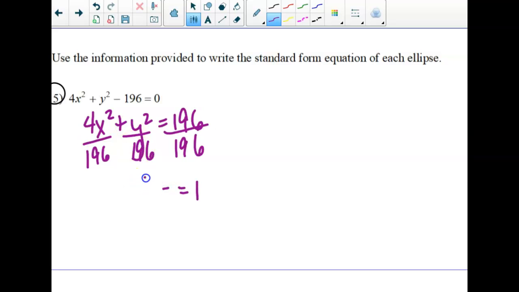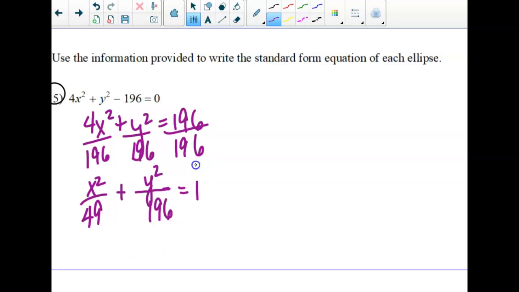This one is just a y squared over 196. Anybody know what the square root of 196 is? 14. Yep, good call. And then 4 goes into 196 how many times? 49? Okay.